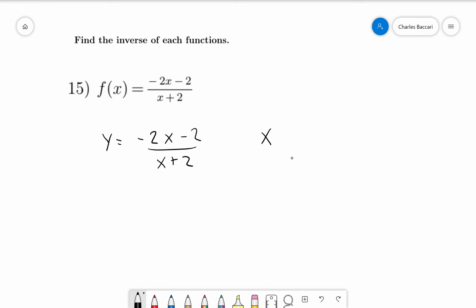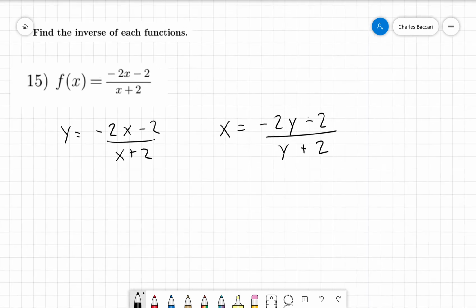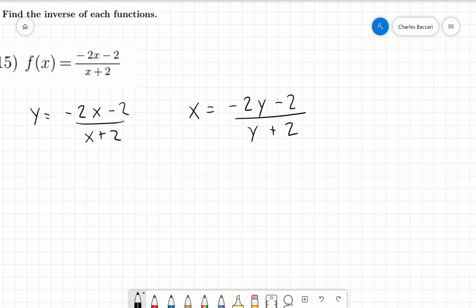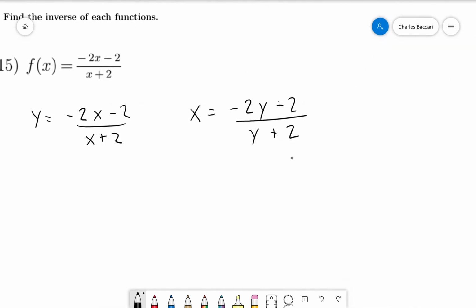So we have x is equal to negative 2 times y minus 2 over y plus 2. And now we're going to multiply everything and figure out how to get y isolated and solve for y. So we don't like this fraction. Let's multiply both sides by y plus 2.